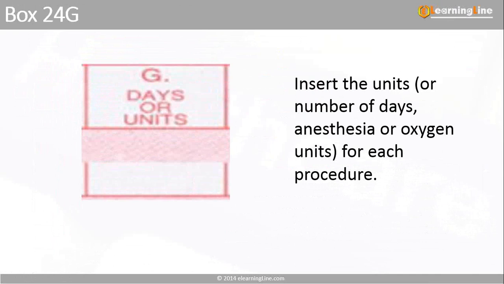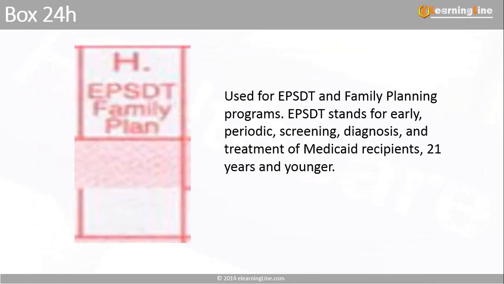The physical therapy is also a number of visits. That's how that is monitored, and that is also what you call your accumulator. Then you have EPSDT, which is early periodic screening, diagnosis and treatment for Medicaid recipients, 21 years and younger.